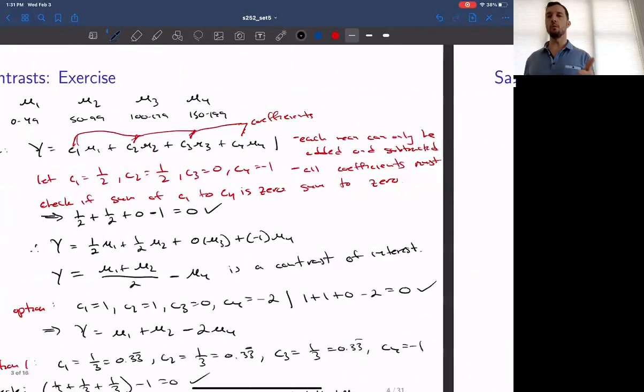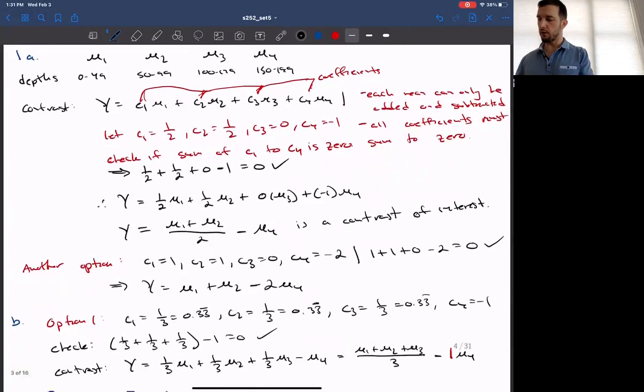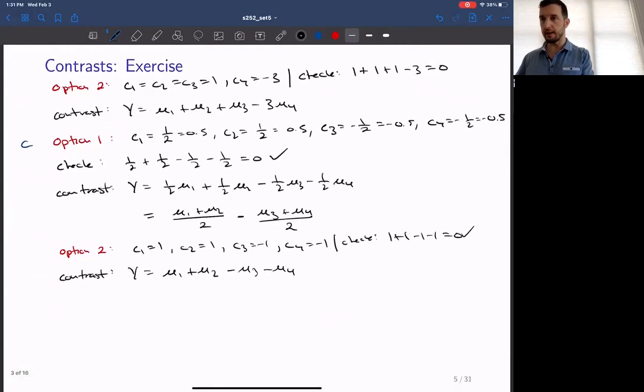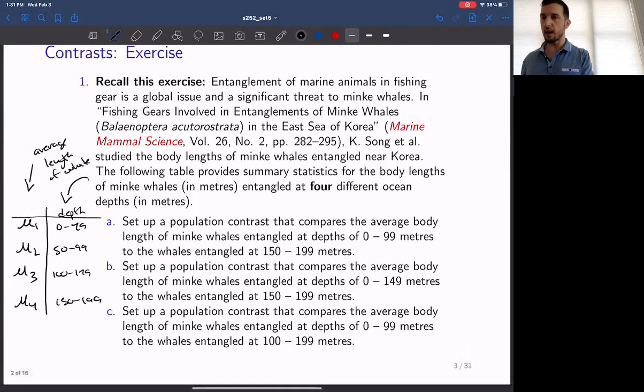So C1, C2, C3, they are chosen based off of the question that is being asked. For example, part C says, set up a contrast that compares the average length of whales between 0 and 99 to the average length of whales between 100 and 199.